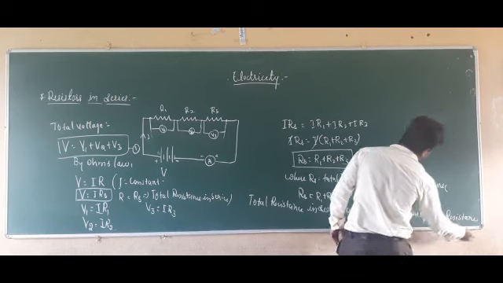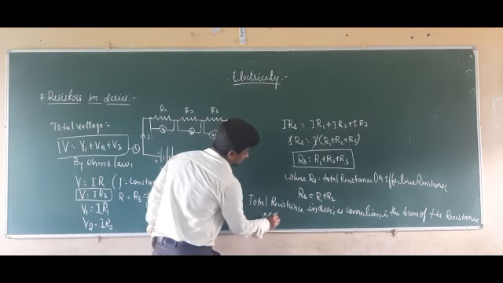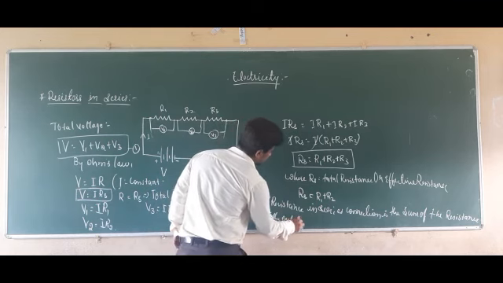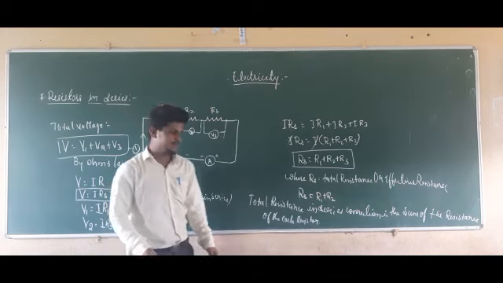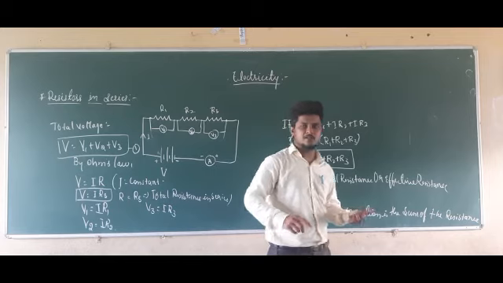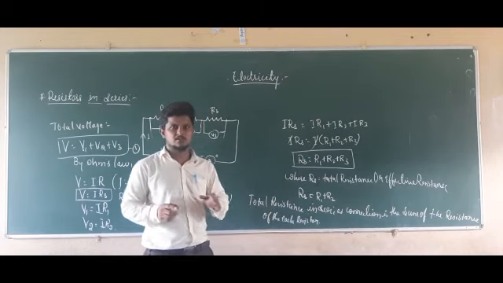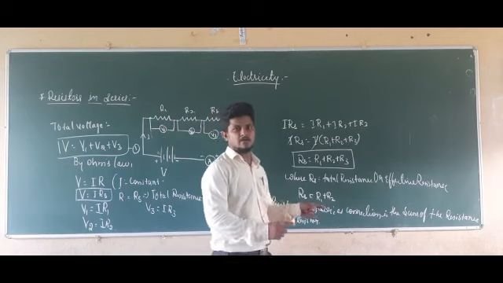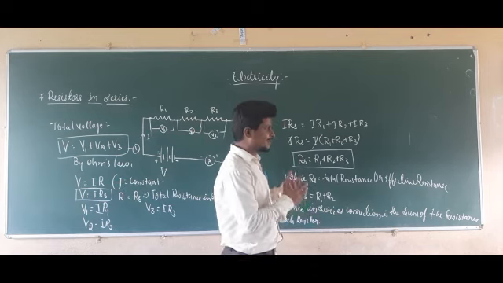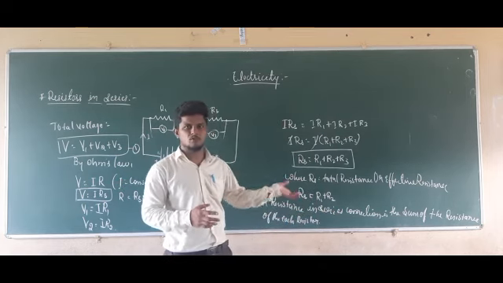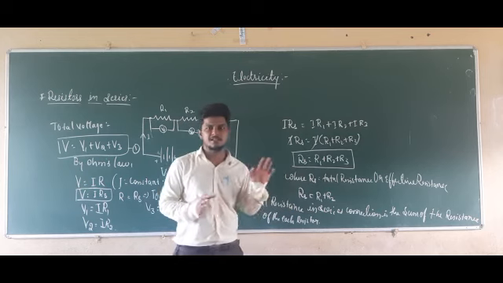If the number of resistors is 10, then R is equal to R1 plus R2 up to R10. If the number of resistors is n, then R is equal to R1 plus R2 plus R3 and so on up to Rn. Depending on how many resistors there are, we take the sum of their resistances. Then it will be the effective resistance in series connection.